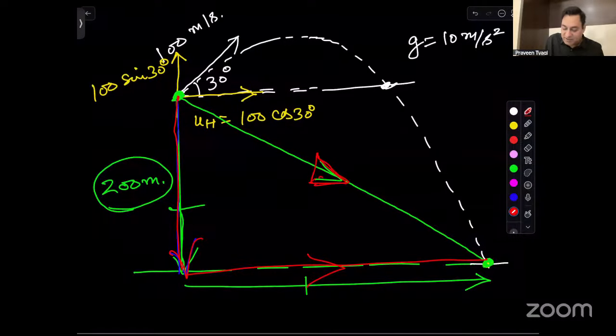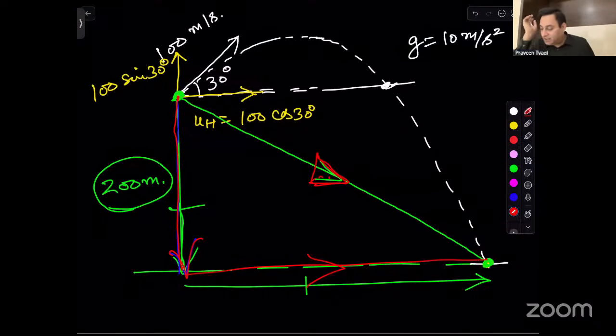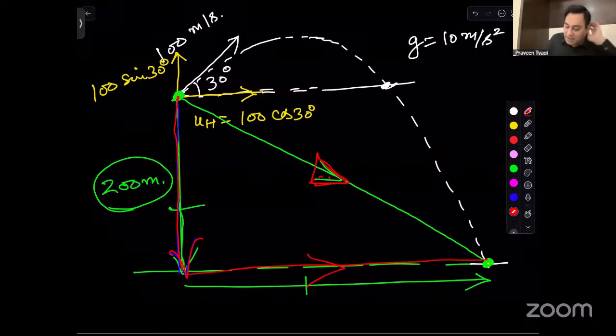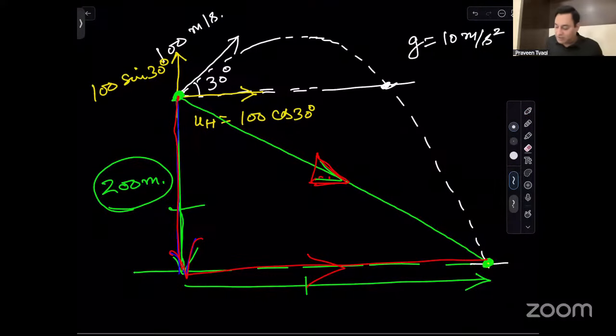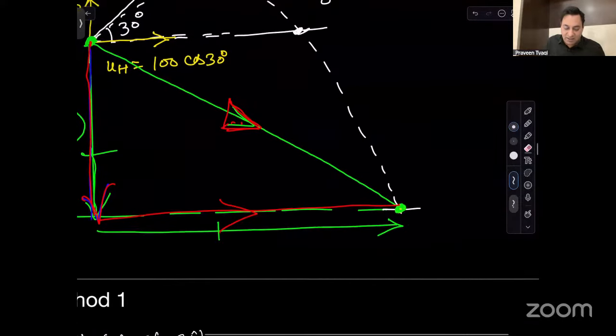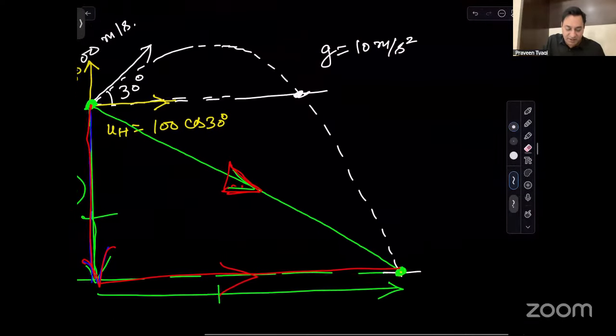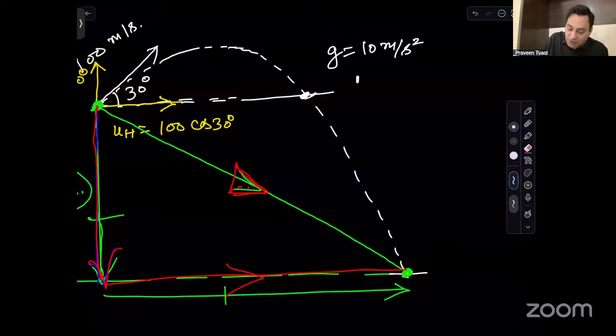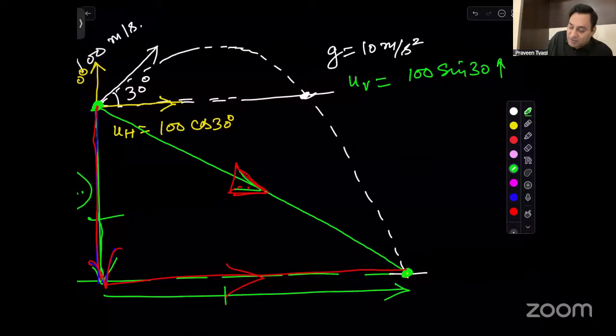Please understand this. Now, when we are studying the vertical motion, let's see what all we know. Initial vertical velocity is 100 sin 30, which is 50 meter per second upwards.